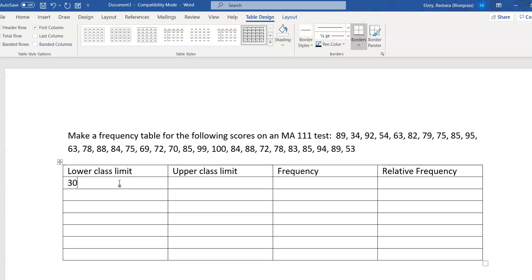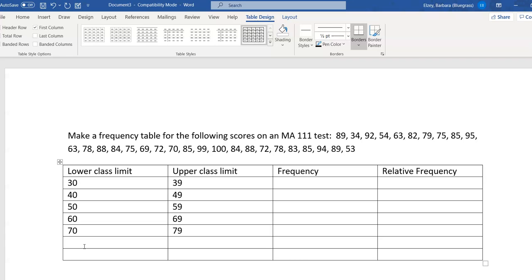So let's make a class that goes from 30, our lower class limit, to 39. And then my next one would be 40. Notice they're 10 apart, so that's very important. To 49, also 10 apart for the upper class limit. 50 to 59. 60 to 69. 70 to 79.